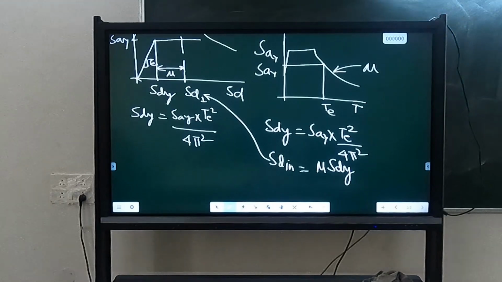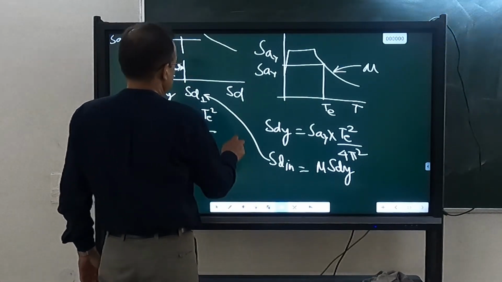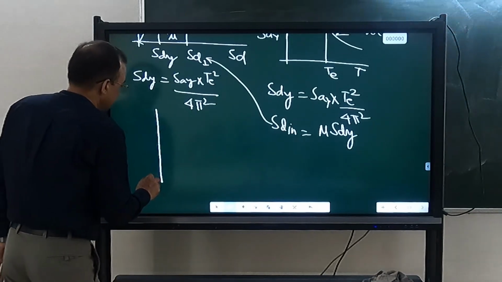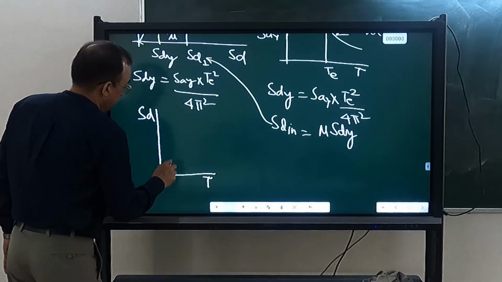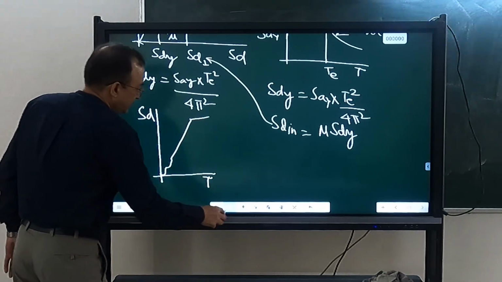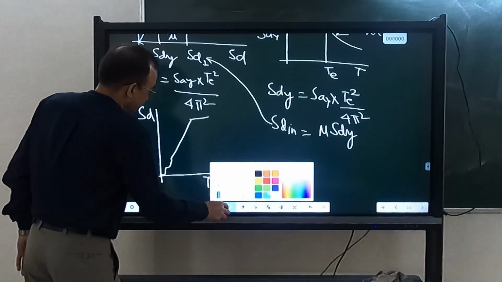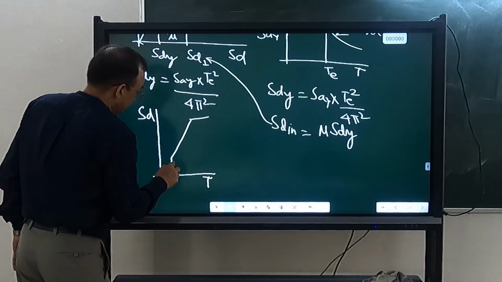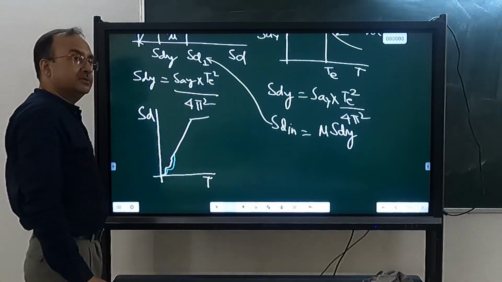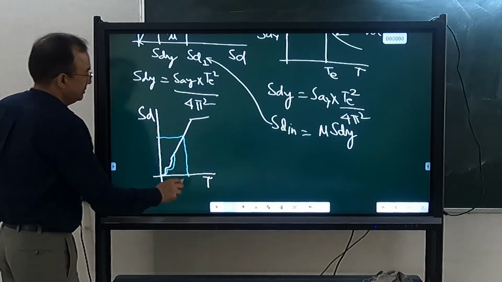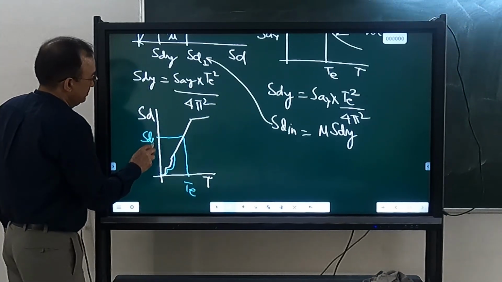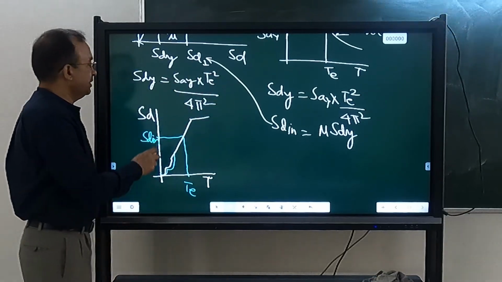Okay. You can also develop SD versus T. So the elastic curve was like this, the inelastic curve was like this. So you can read the elastic directly from here.